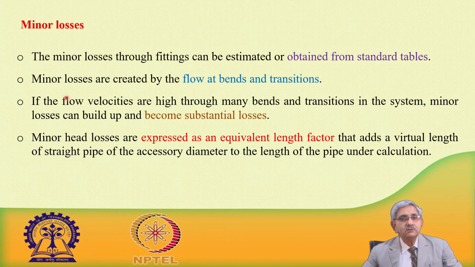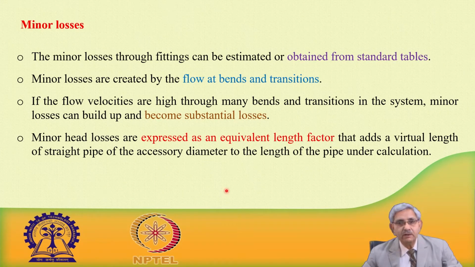So, normally tables are used. Minor loss comes from the bends and from several fittings, and these minor head losses are expressed as an equivalent length, that is, brought in terms of meters. So, it is equivalent to the virtual length of straight pipeline, say for a barb.